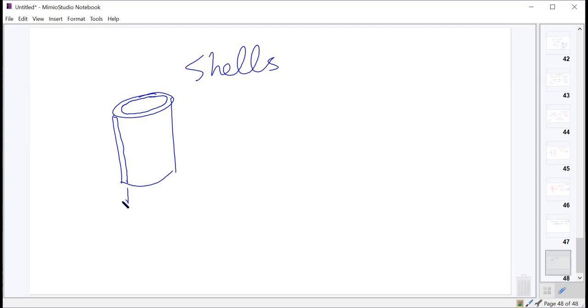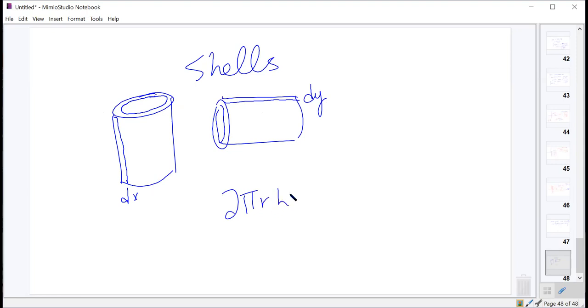So the thickness is dx, is the one I've drawn here. And if I were to do it this way, the thickness is dy. Okay. And we just want to do 2 pi times the radius times the height times your dx or your dy and integrate that. And again, the 2 pi can come out. So that's your formula for shells.